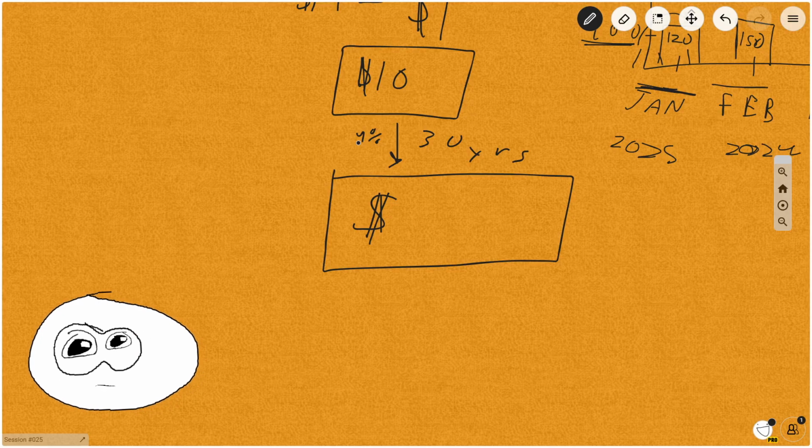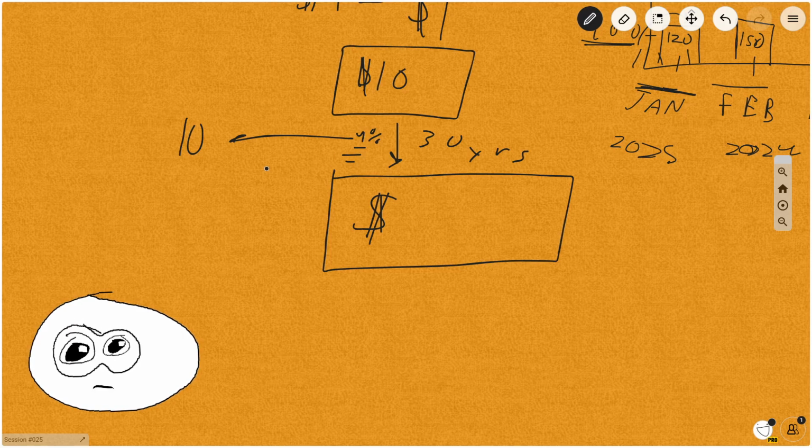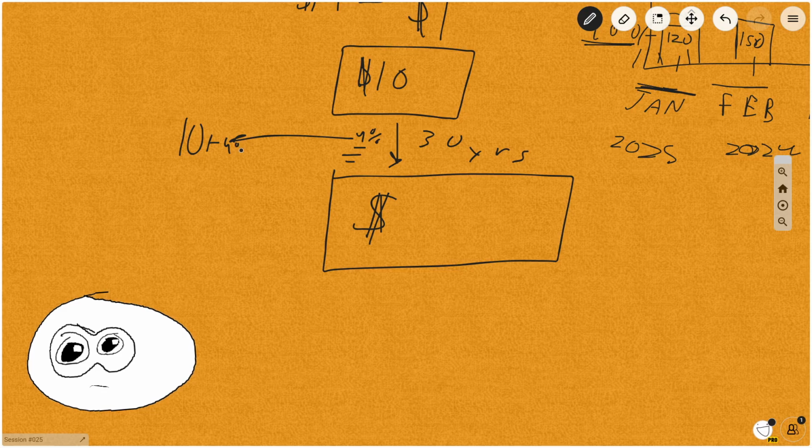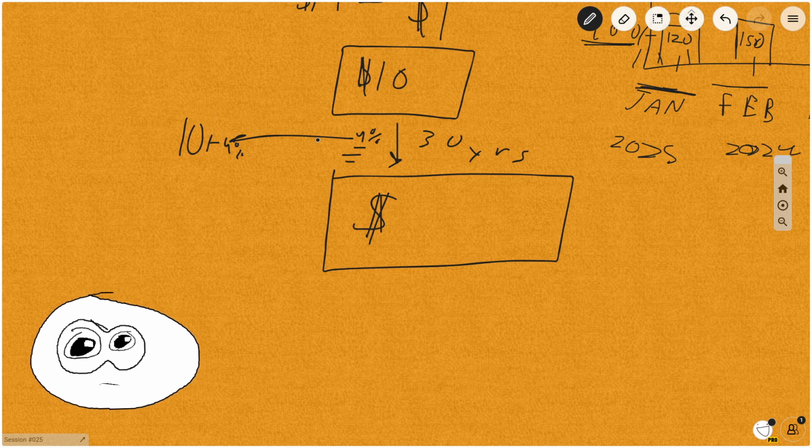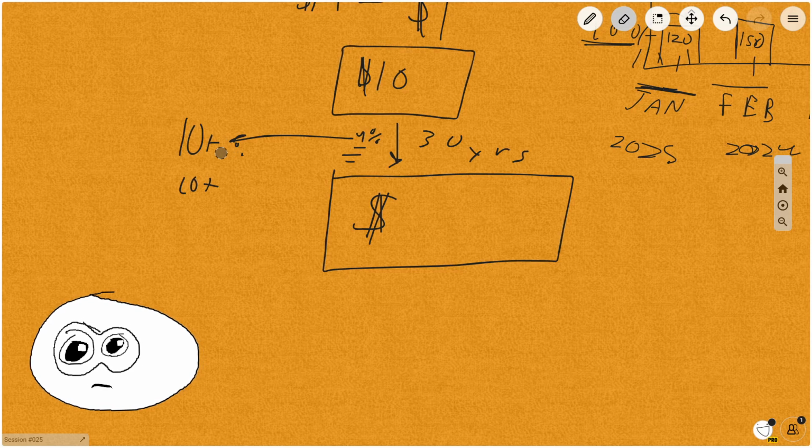So what that means is that, instead of just the $10 and the 4% on that $10, and it's just that same number every single time, it's actually the $10 plus that 4%. And then the first year, it's the $10 and the 4%, and then the next year it's the $10 plus that 4%, and then it's the 4% of that, and then the 4% of that.